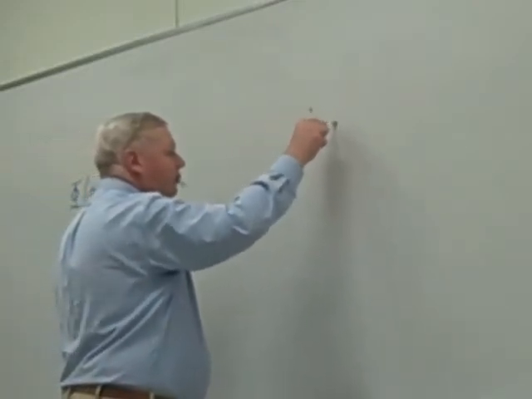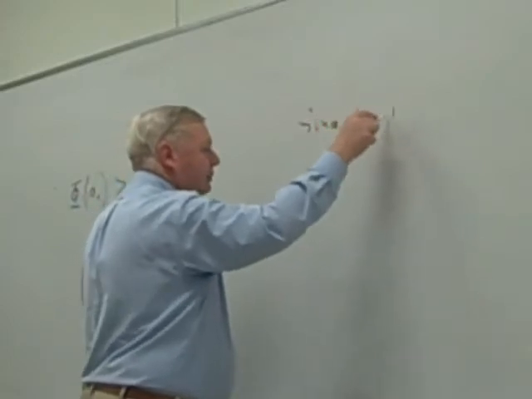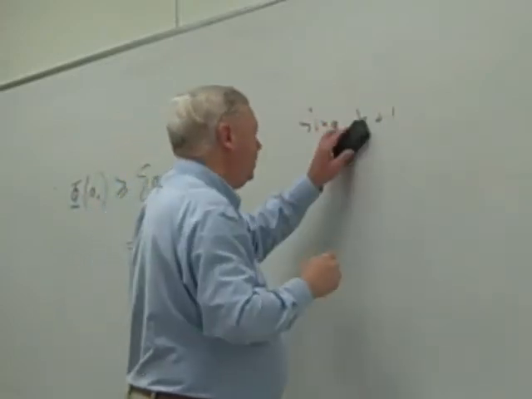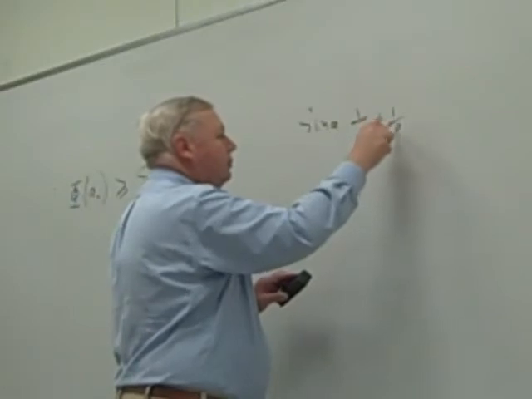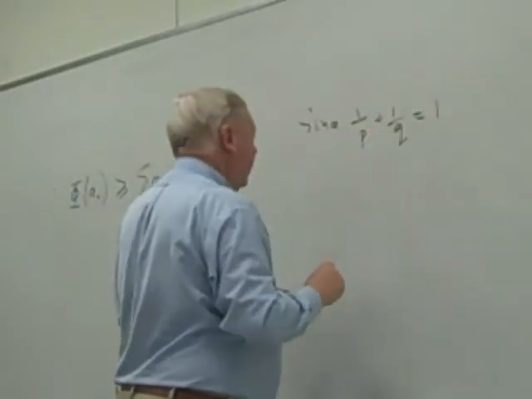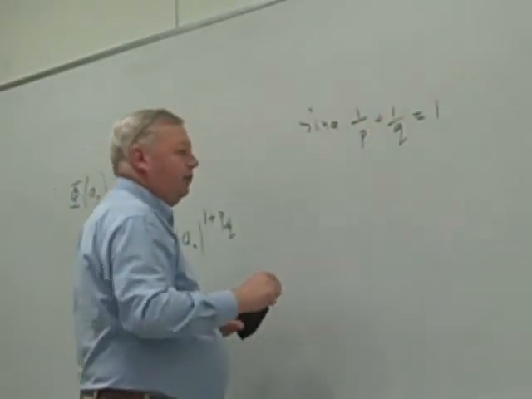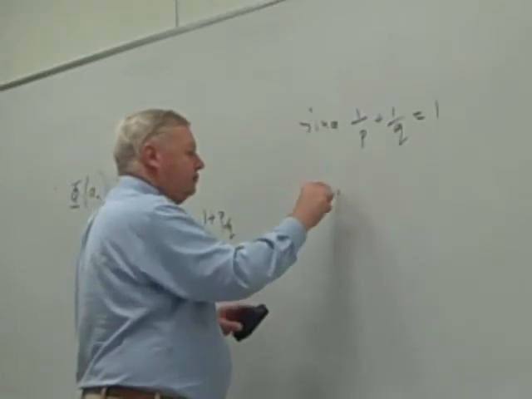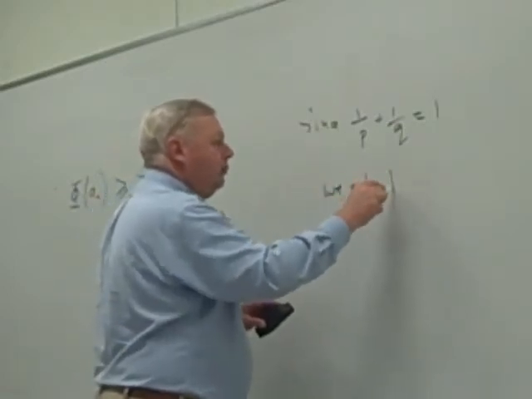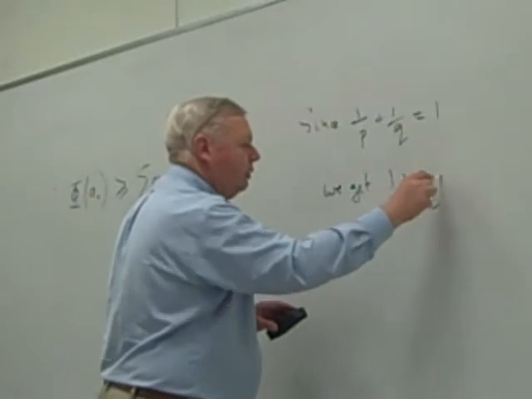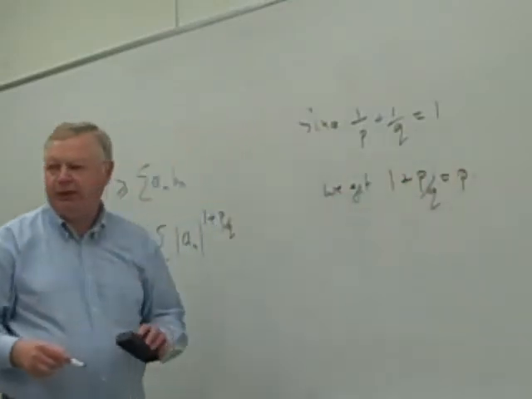Now, since 1 over p plus 1 over q is equal to 1, if I multiply through by p, we get 1 plus p over q is equal to p.